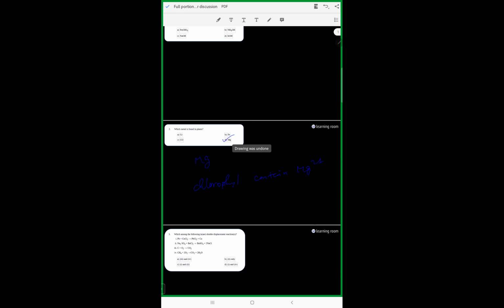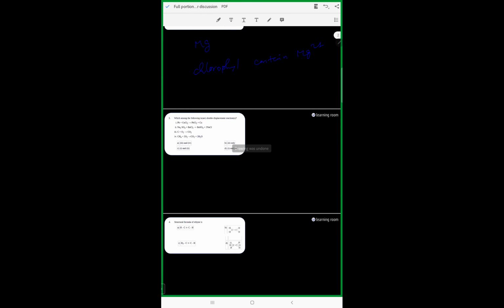Okay. And the next, which among the following is not a double displacement reaction? What is the meaning of double displacement reaction? Both the ions should be exchanged. Okay. Which among the following is a double displacement reaction? The first one is not a displacement reaction.